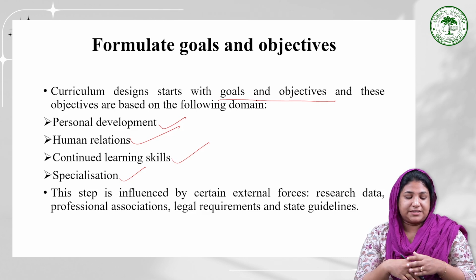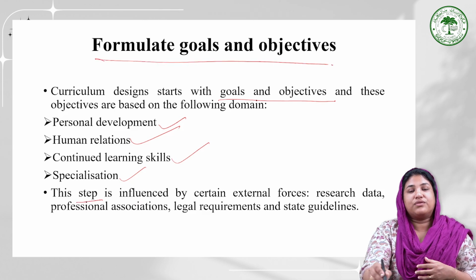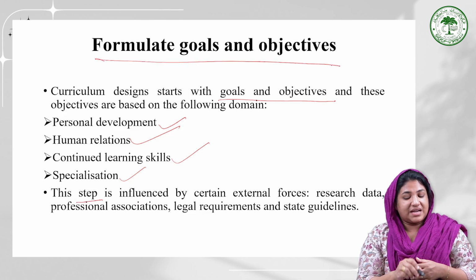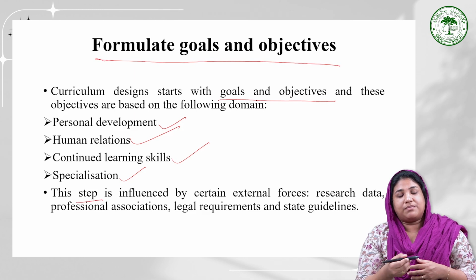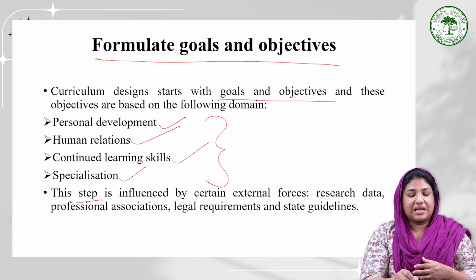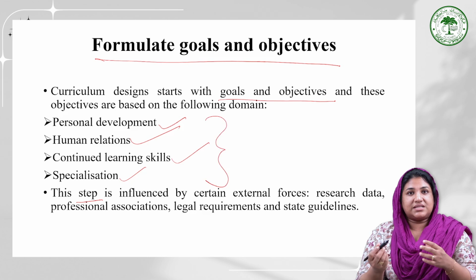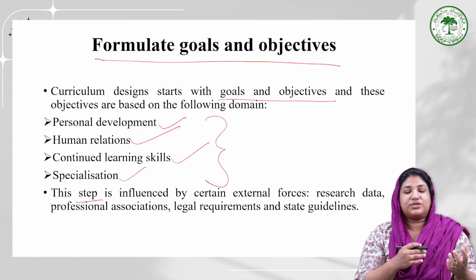And also this step, that is the formulation of goals and objectives, is also influenced by certain external factors. These are the factors which we are giving consideration. Certain external forces are also being considered, that is research data.